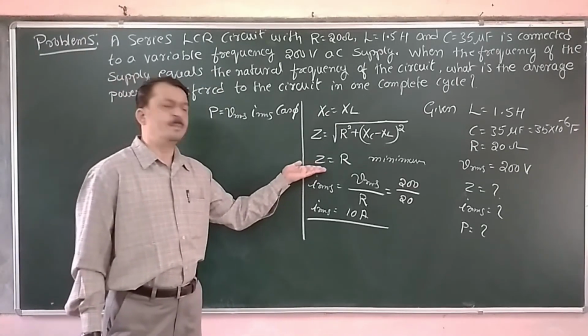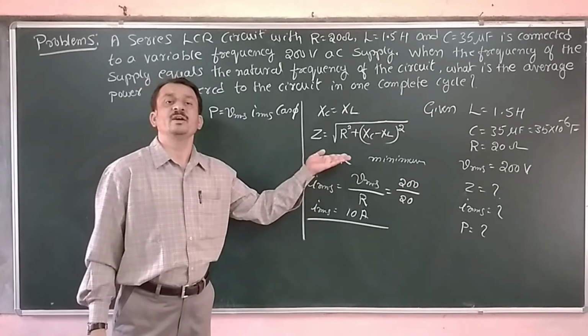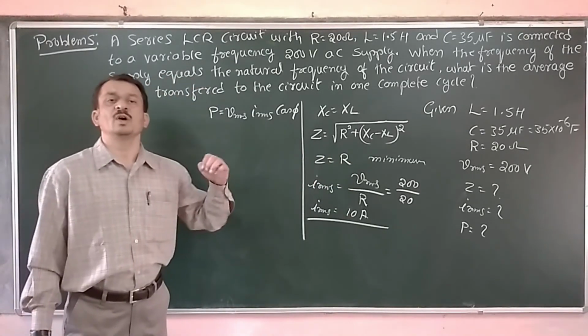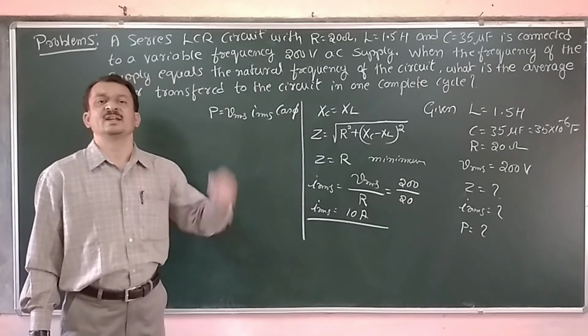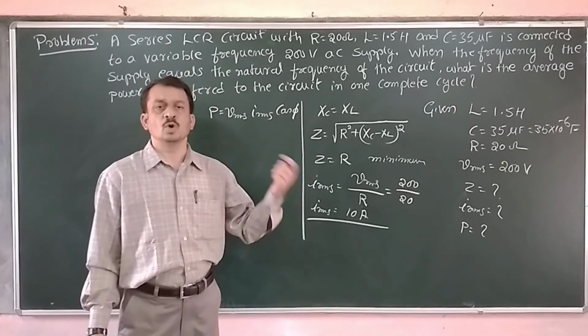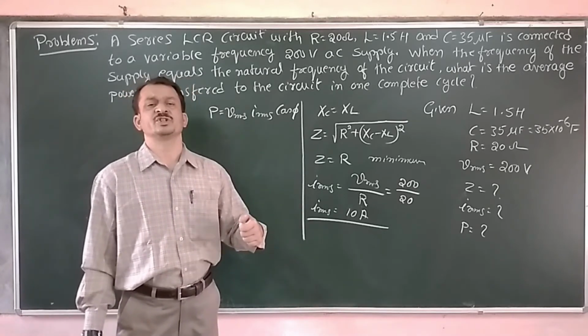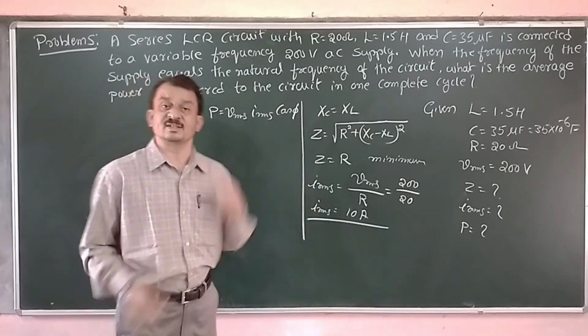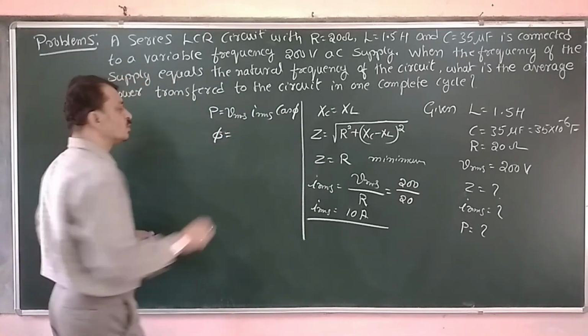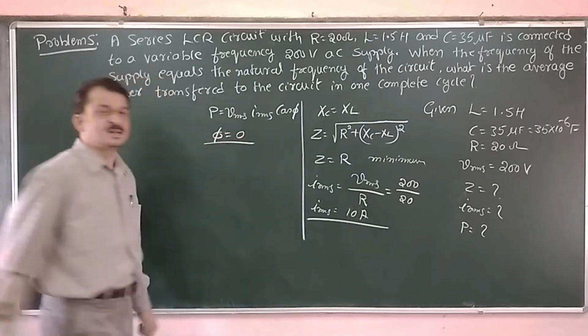Therefore, impedance is only due to resistance. The entire circuit serves as a resistive circuit. In a resistive circuit, both the current and the voltage are in phase. Then what is the phase angle? In a resistive circuit, phase angle is 0.